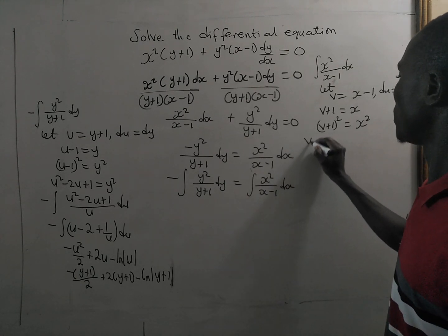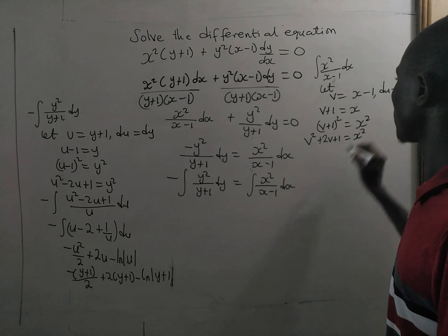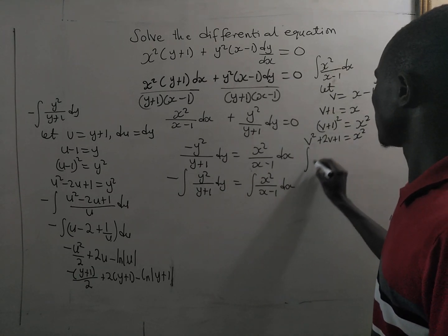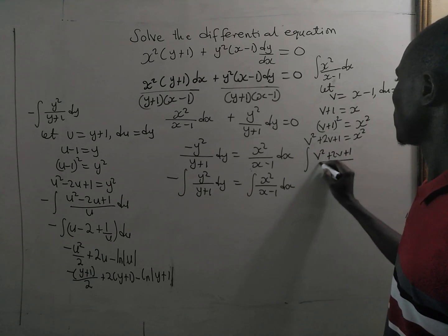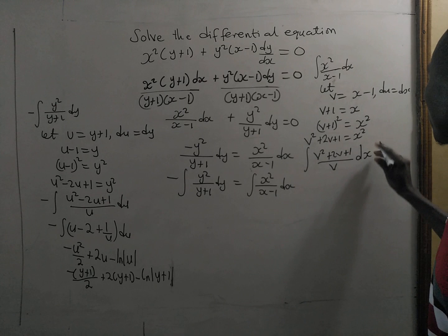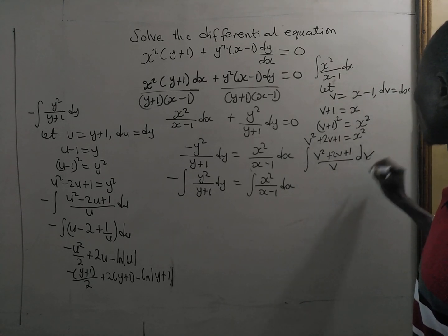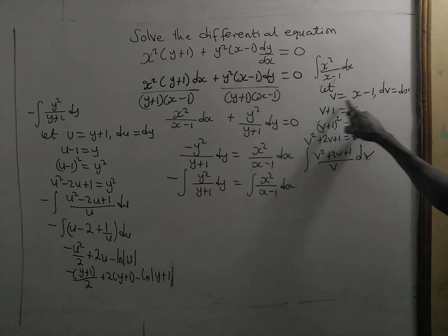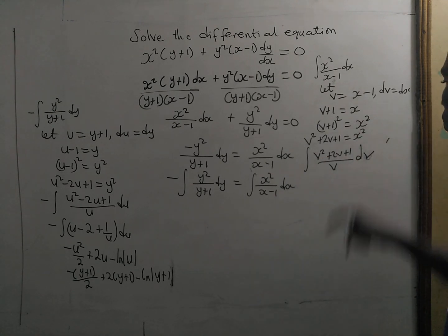We have here v squared plus 2v plus 1 equals x squared. Now the integral will become the integral of (v squared plus 2v plus 1) divided by v dv. Here v equals x minus 1, so we put v here, and x squared equals v squared plus 2v plus 1, and dv equals dx.